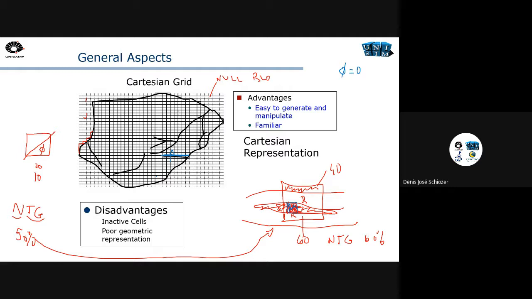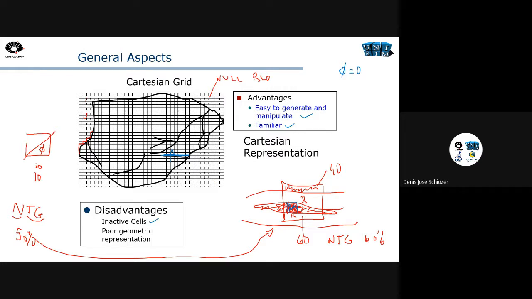Many people criticize Cartesian grids too much today, but Cartesian grids are not so bad. There are ways to overcome some of the difficulties we have in Cartesian grids, and they are very easy to build, right? There are some advantages, for example, and disadvantages. They are very familiar, very easy to generate and manipulate. Sometimes we have these inactive cells.